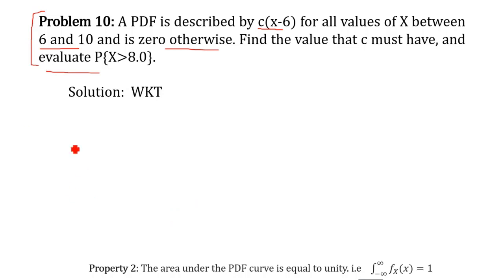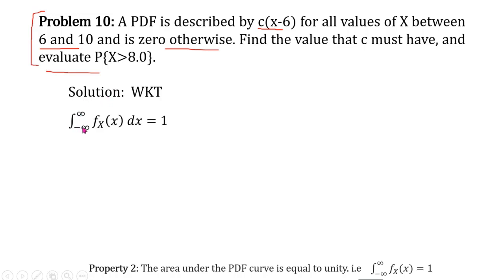It is a known truth. Over the limit minus infinity to plus infinity, f of x dx is 1. Let us make use of that property. Here, instead of minus infinity to plus infinity, the values are varying from 6 to 10. That should be equal to 1, so that easily we can calculate the value of C, right?